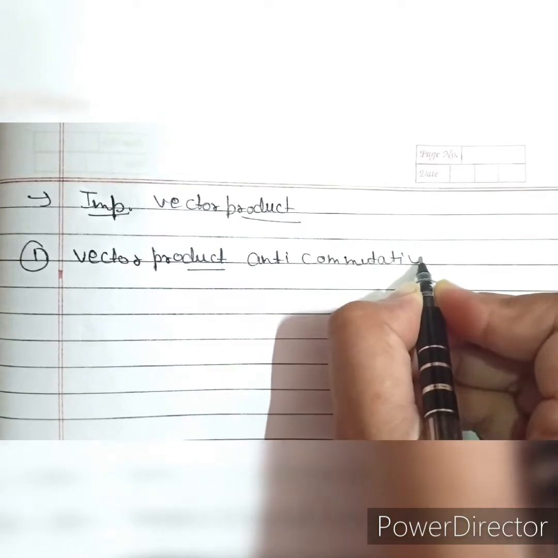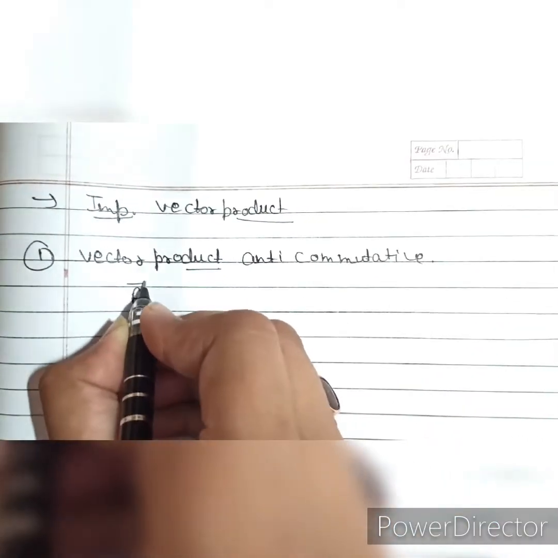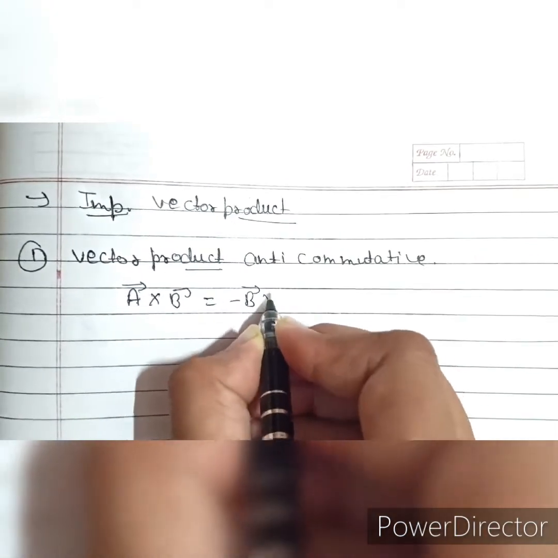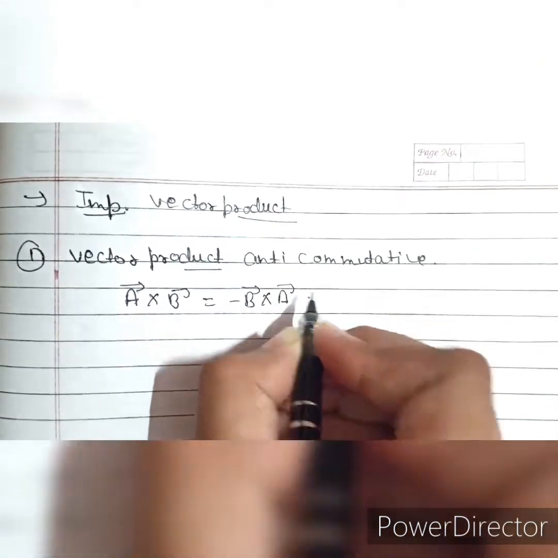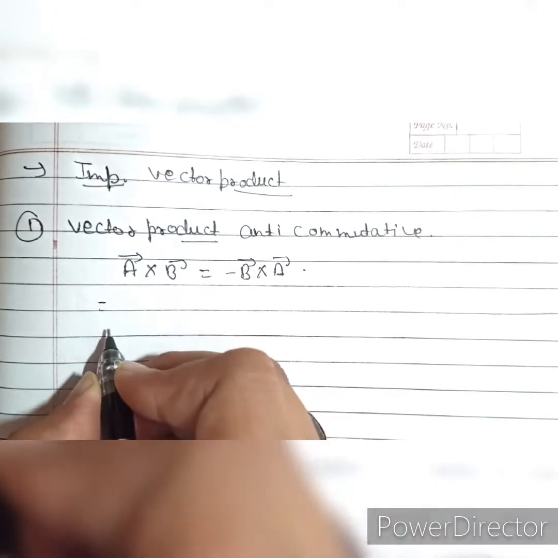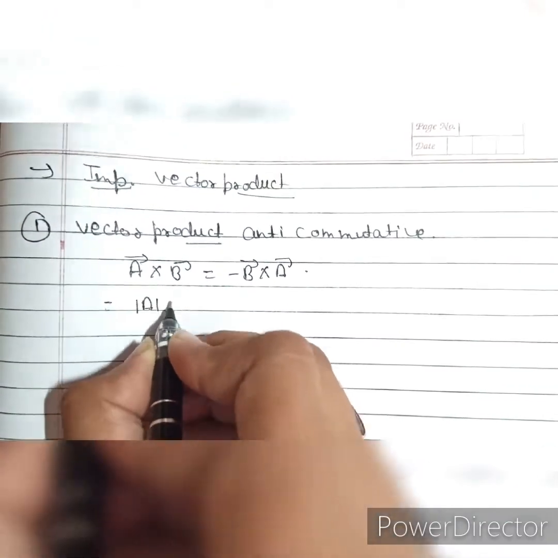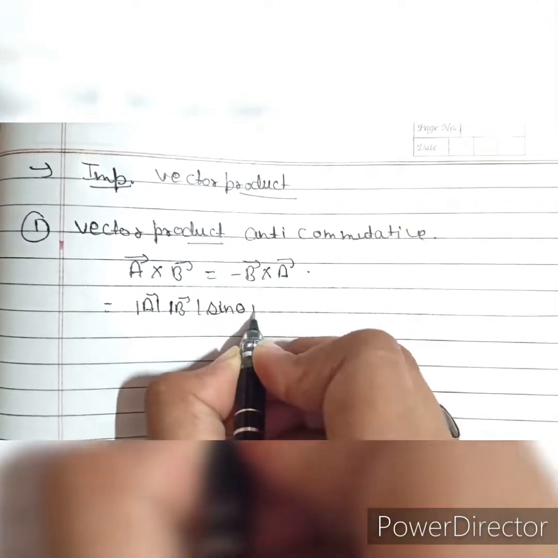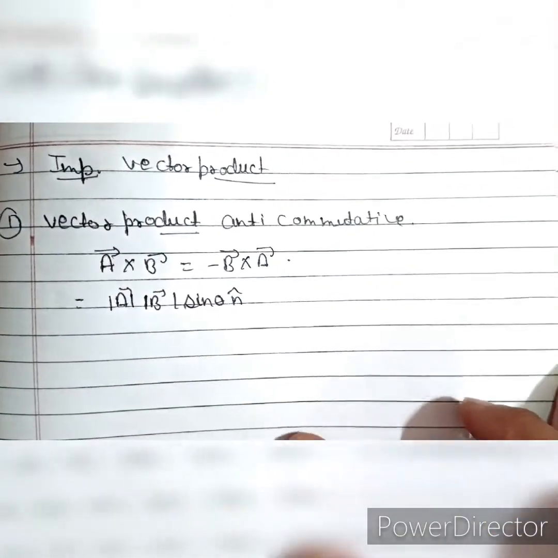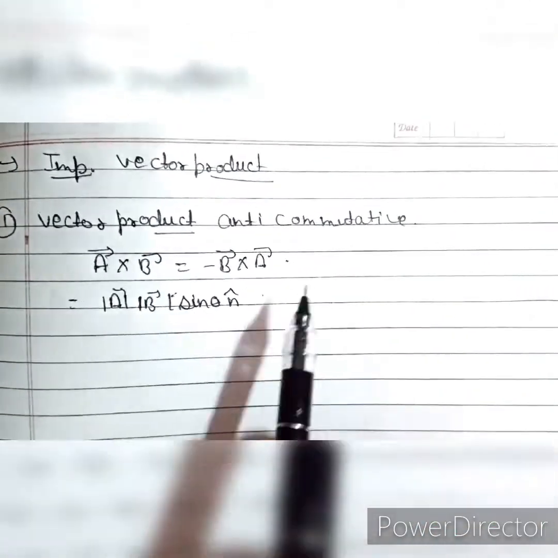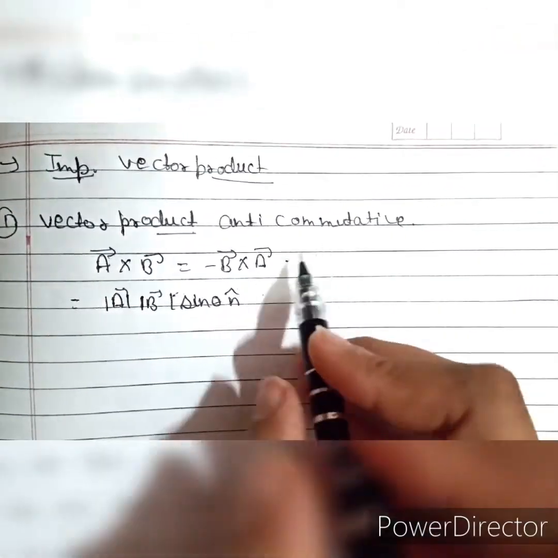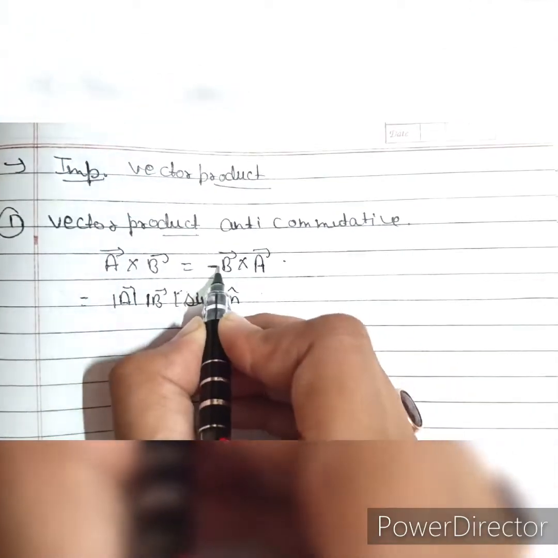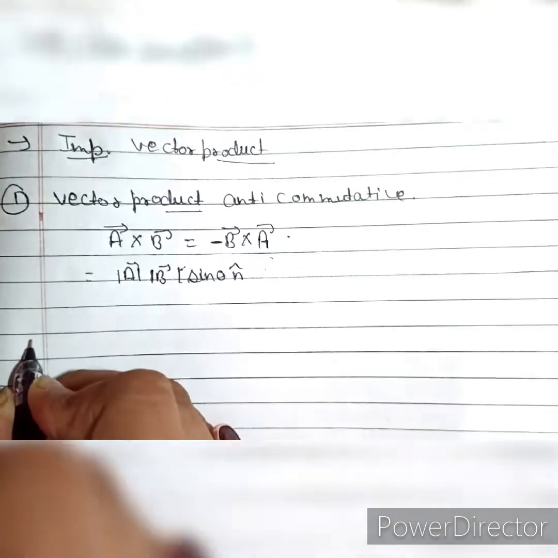It means A cross B is equal to minus B cross A. This is because in the formula we have magnitude of A, magnitude of B, sine theta n cap, and if we do A cross B and B cross A, the direction will change, and for the direction we have the negative sign.